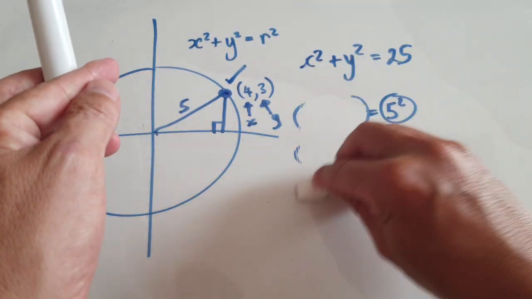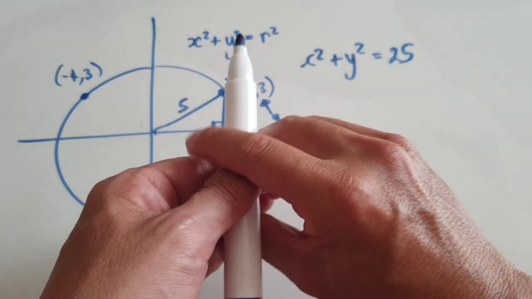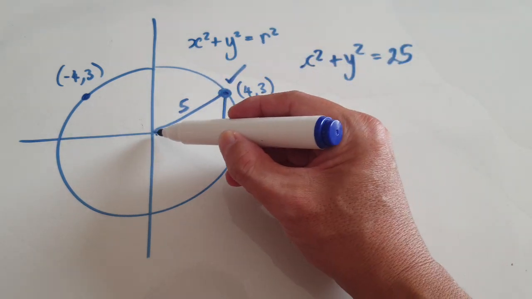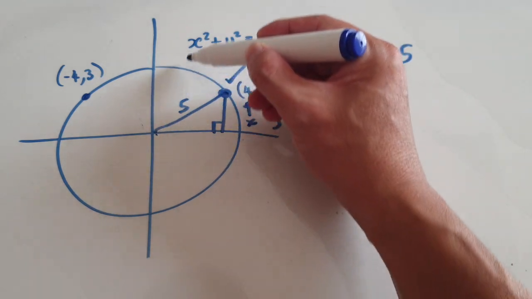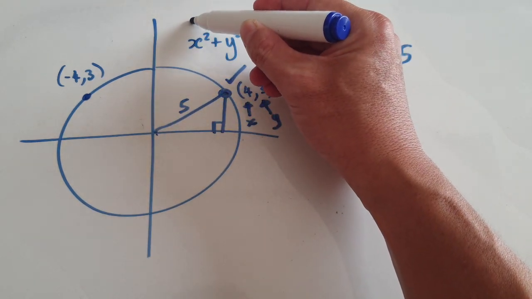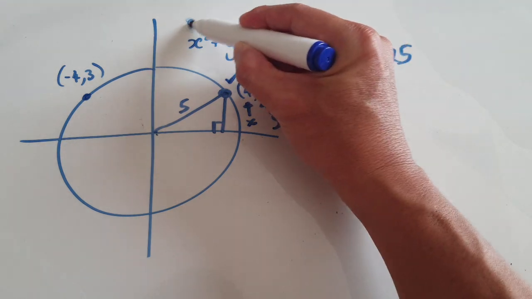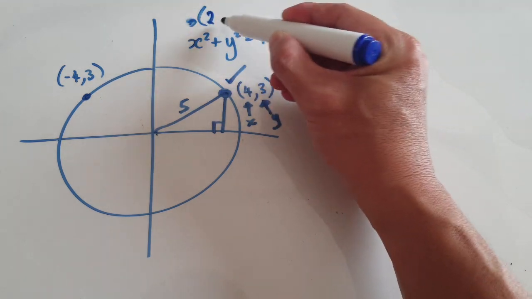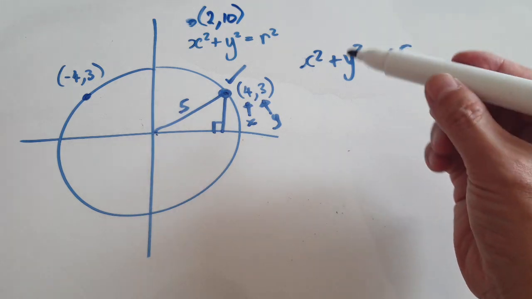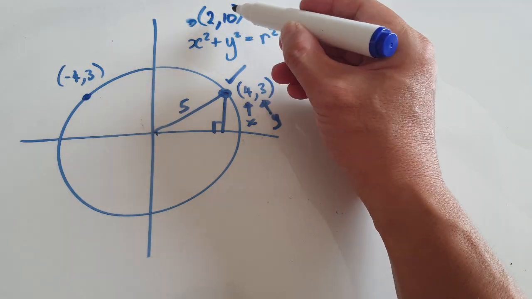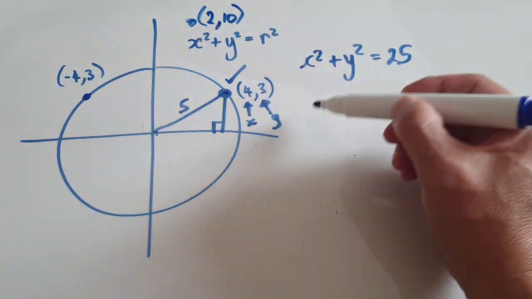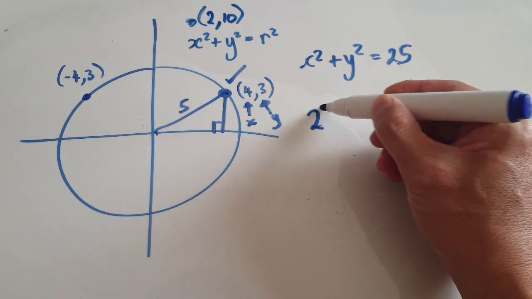And let's try and select a silly point that is not on this circle. Let's say 2 across and then, not to scale, 10 up. So this point here, let's just randomly select a silly point, 2 across and 10 up. Now this is your x, this is your y. Put this into the x, that would be 2 squared.